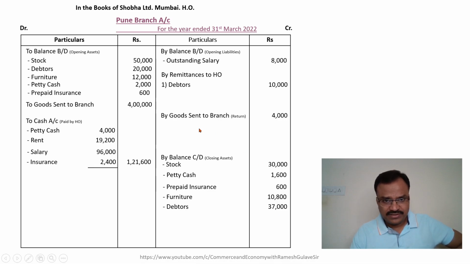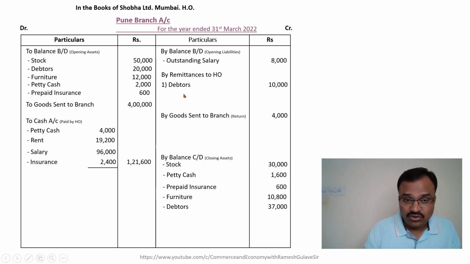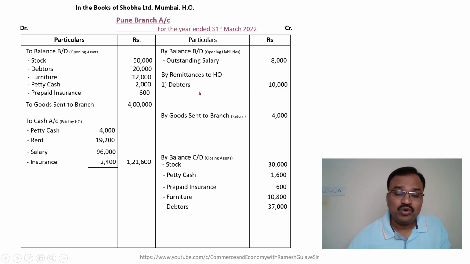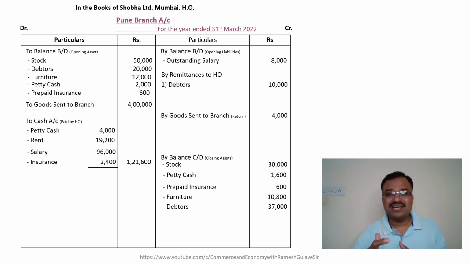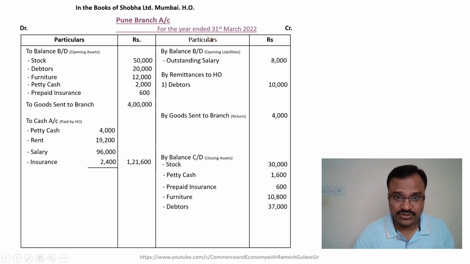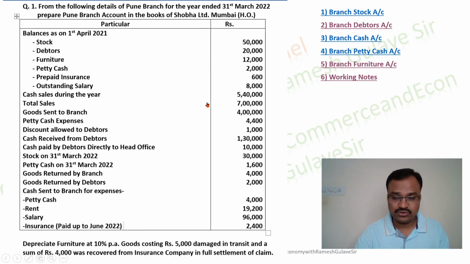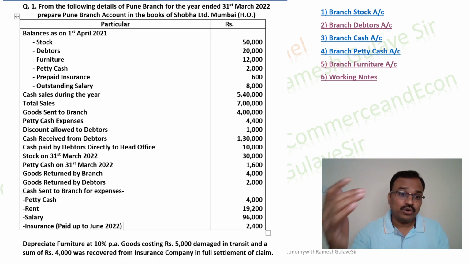Here you can observe that one more important point is missing, that is remittances to head office, which includes cash sent by debtors to head office, but there is no mention of the amount of cash sent by branch to head office. In the question also there is no word about how much cash is sent by branch to head office.